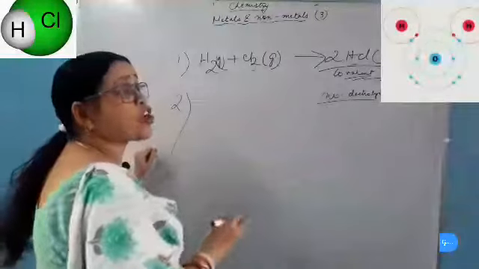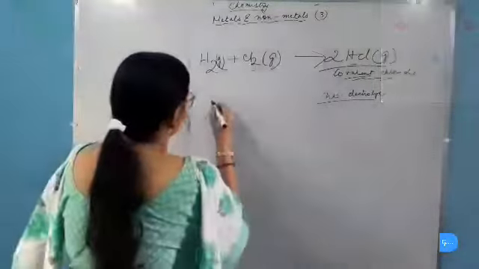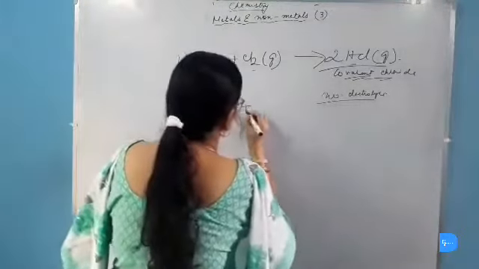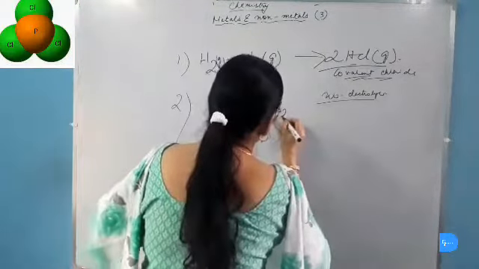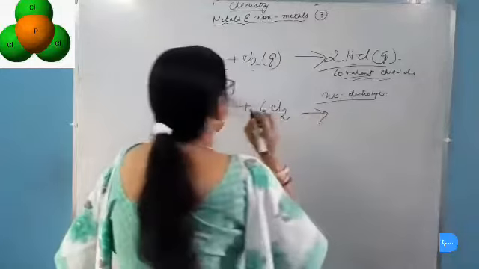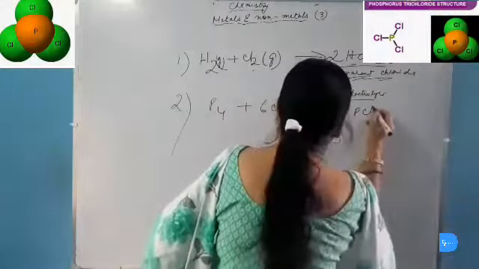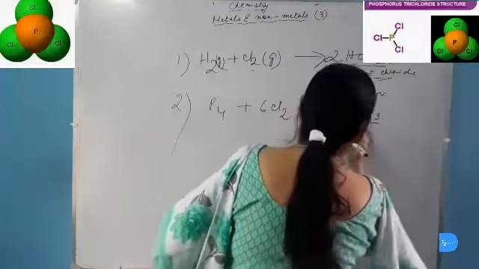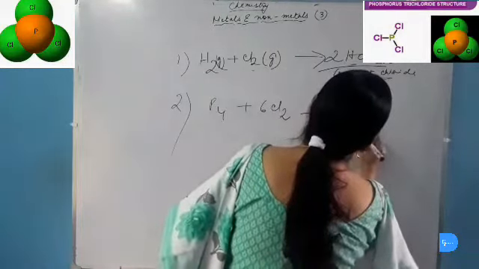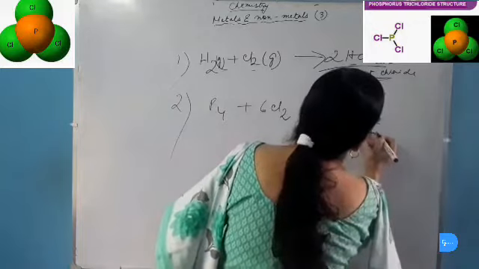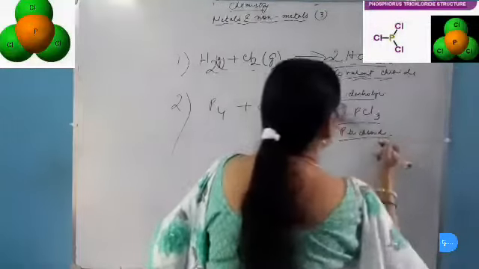Next we will see the reaction of phosphorus with chlorine. When phosphorus reacts with chlorine, then it gives phosphorus trichloride. It is also a covalent chloride.